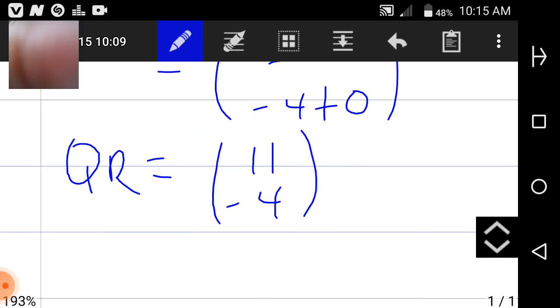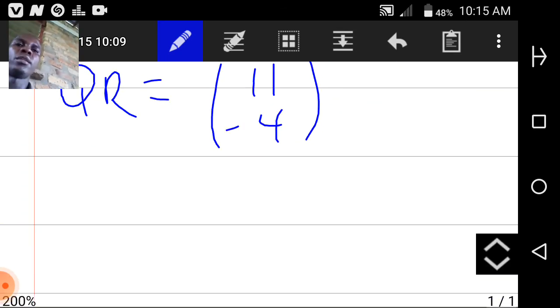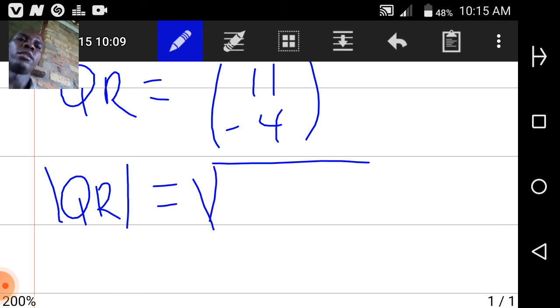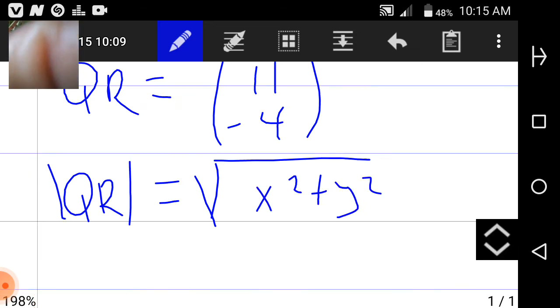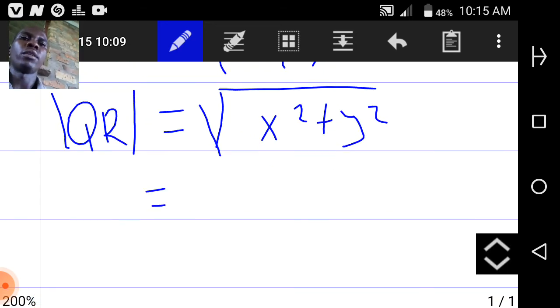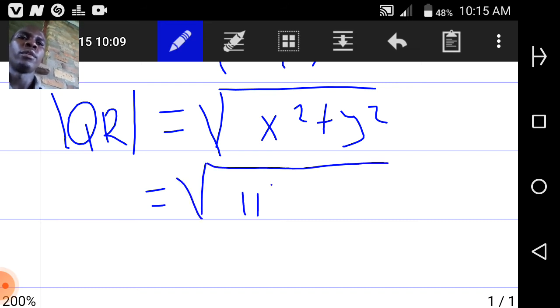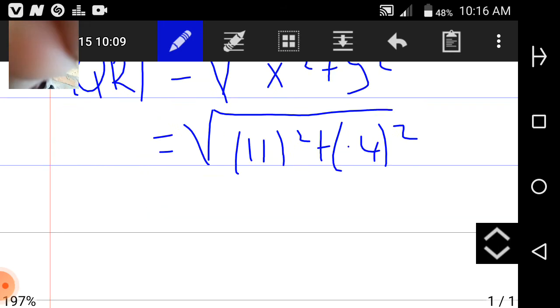But they also want us to find the length, and you know that the length is the same thing as the modulus and the same thing as the magnitude, which is given as the square root of x squared plus y squared. So we have the root of 11 squared plus (-4) squared.